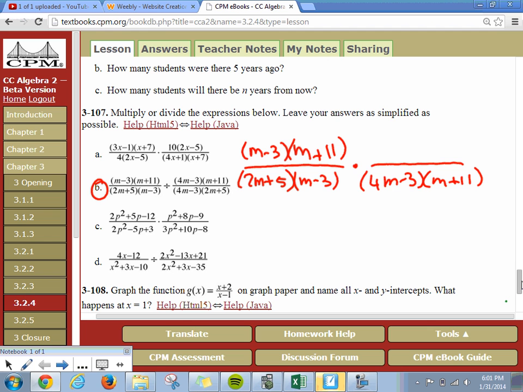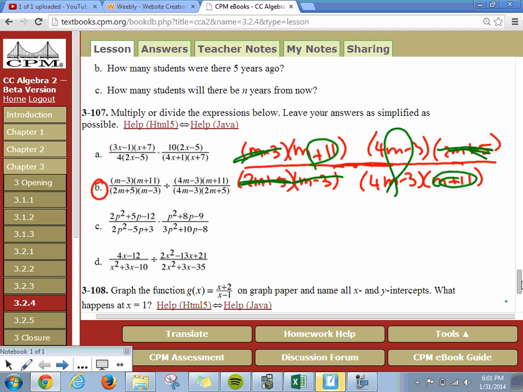We got our 4m minus 3, m plus 11, and then 4m minus 3, 2m plus 5. When we multiply, we know that it's really just combining it, and everything's being multiplied, and then we're looking to take out anything that's in common.